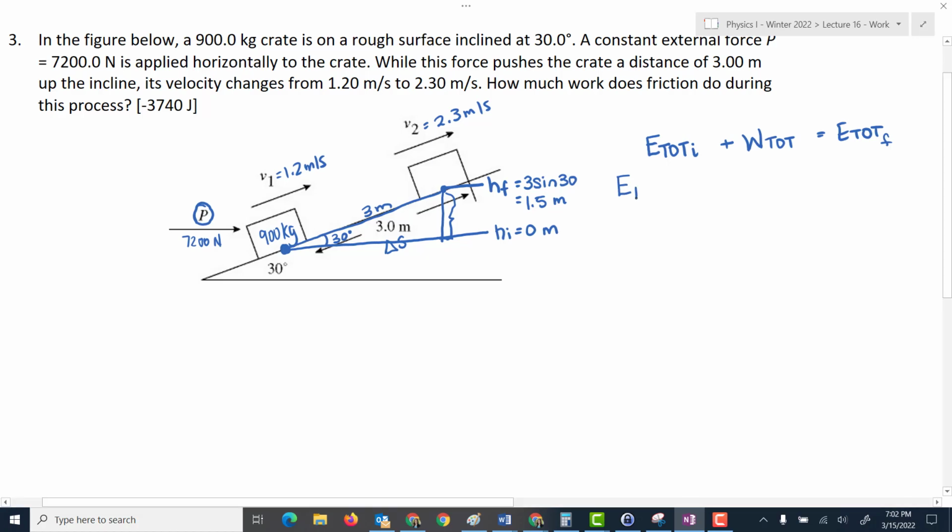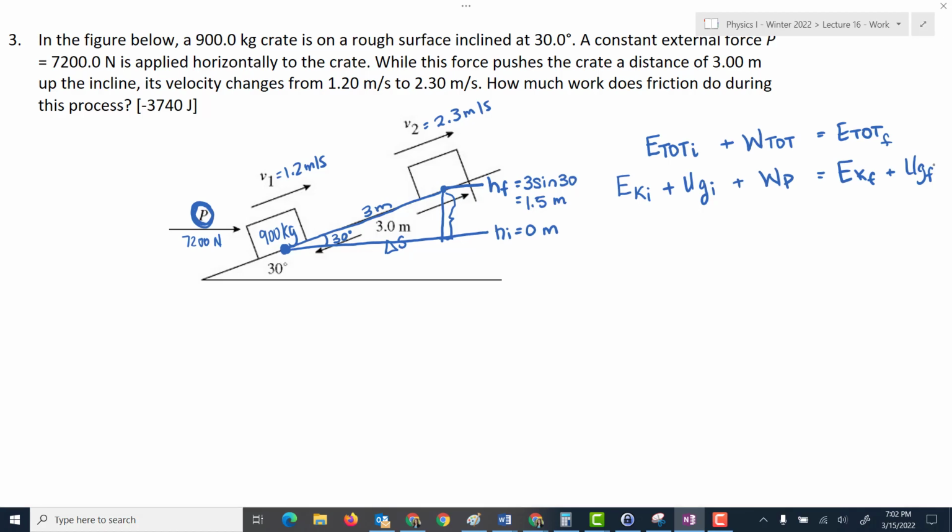I'll include kinetic energy, and I'll include gravitational potential energy. There's only one external force acting on the system, and that's this force here that they called P. So I'm going to call this work done by P, equal to the 2 different types of energy, kinetic final plus gravitational potential final. Again, I'm not including elastic potential because there's no spring involved in the question at all.